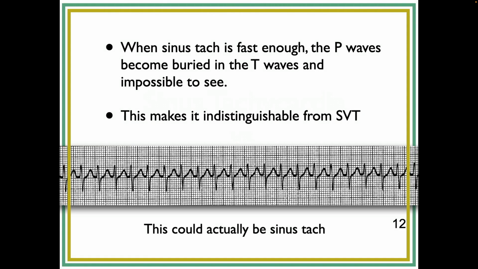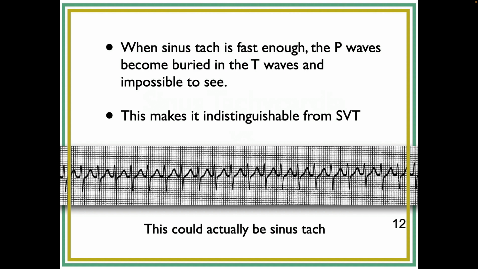When sinus tach is fast enough, the P waves become buried in the T waves and you simply cannot see them. So this is indistinguishable from the rhythm we've been calling SVT.